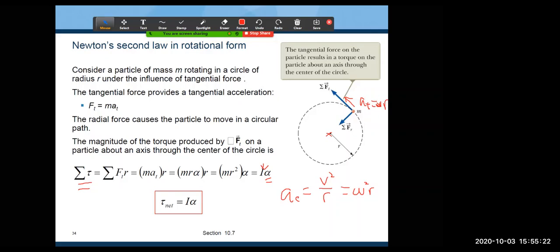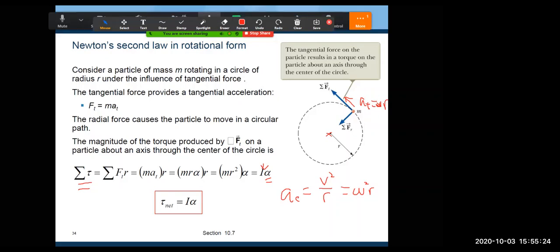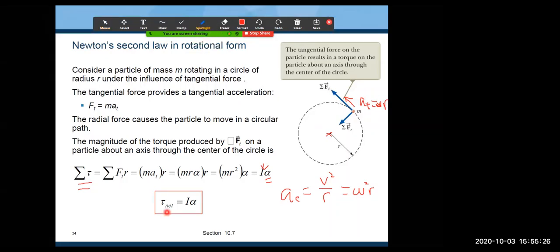The impact of the net torque is to generate an angular acceleration, and the proportionality constant is I. So I is, once again, the inertia of the object to rotate about a certain axis.